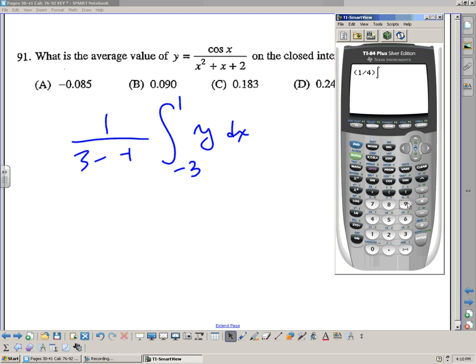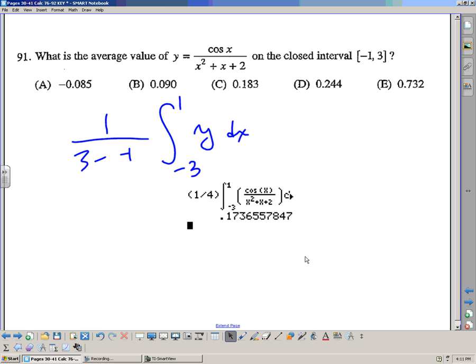Math 9. Integral from negative 3 to 1 of, I'll put the alpha y equals enter, cos x over x squared plus x plus 2 dx, and out pops the answer of 0.173, which is not there.